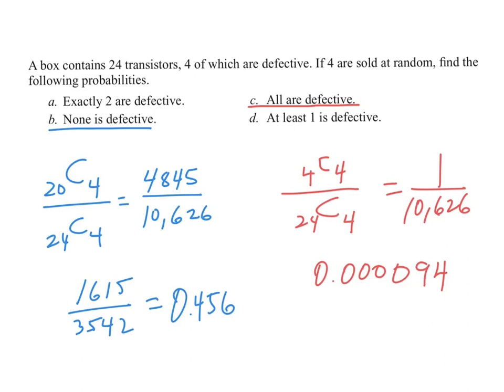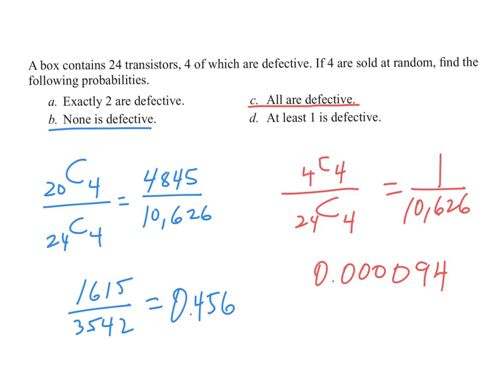So what is the complement of at least 1 defective? At least 1 defective means there could be 1 defective, 2 defective, 3 defective, or 4 defective. So, if it's at least 1 defective, what are we ruling out? The situation where 0 are defective.